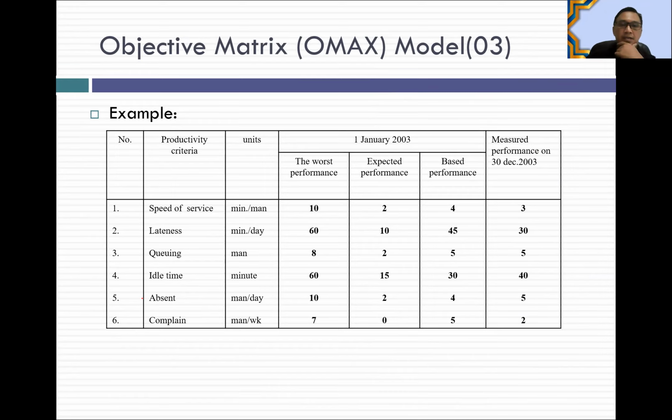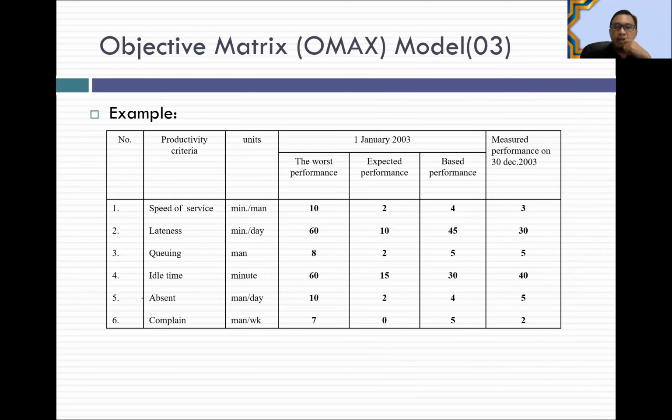For example, for speed of services, the unit of measurement is minute per man, which means that for every employee, the speed of services should reach a particular minute.